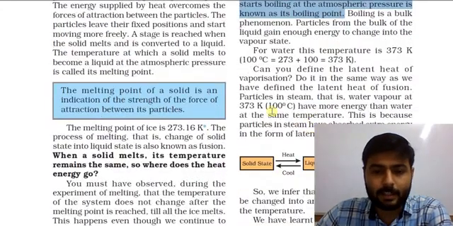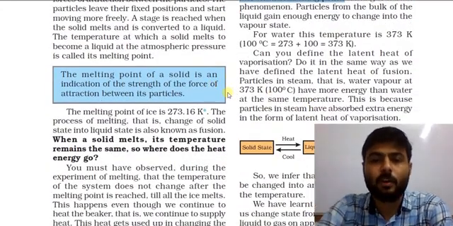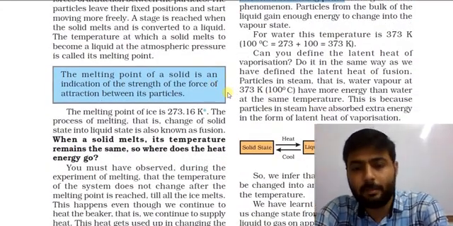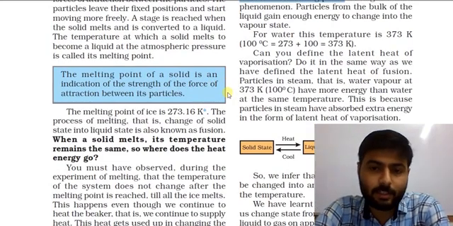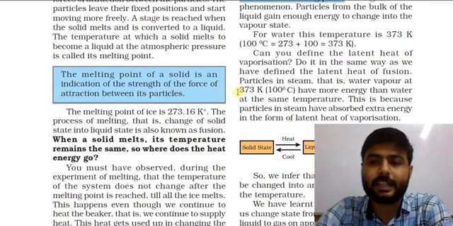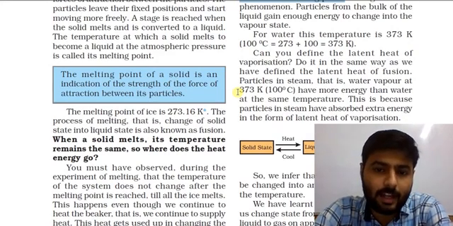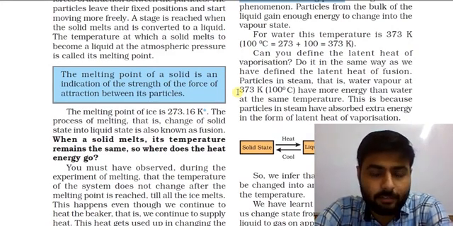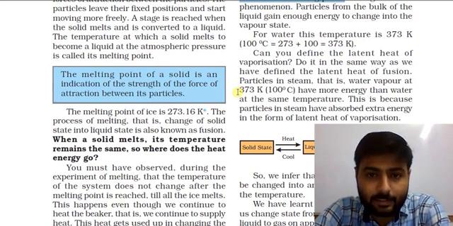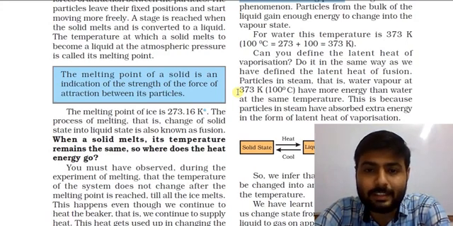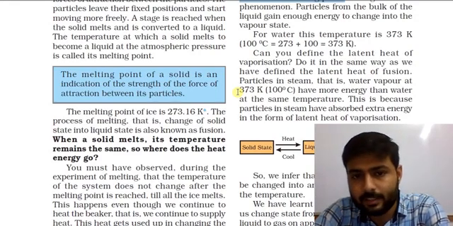By experiment, we have noticed that for water, the boiling point is 373 Kelvin. If we want to convert 373 Kelvin into degree centigrade, what do we have to do? We have to subtract 273 from 373.